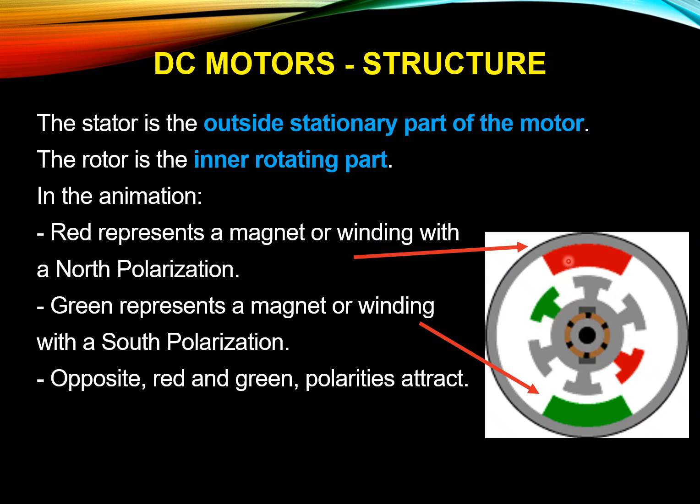As we know, magnets attract different polarities, so red will attract green and green will attract red. That is how the DC motor will rotate.